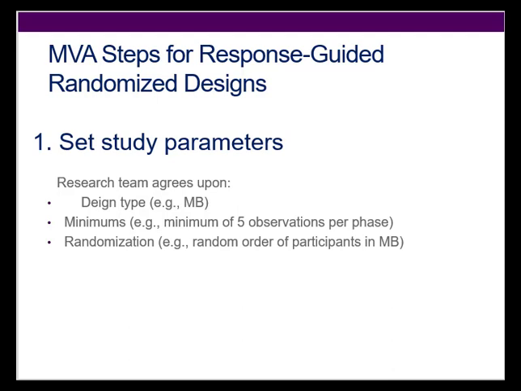The first step in using masked visual analysis is to set the study parameters. The research team should agree upon the design, minimum number of data collection points per phase, whether or not to use randomization, for example, randomizing the order of participants, randomizing the intervention start point.